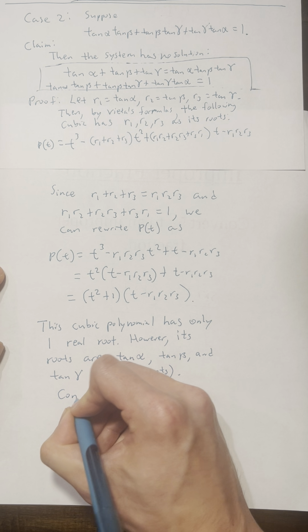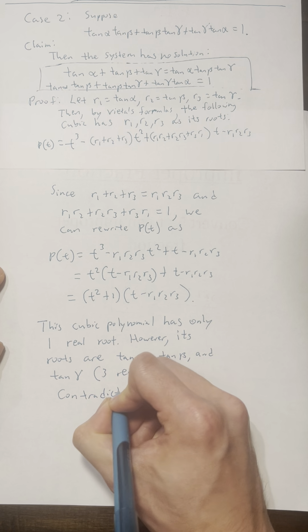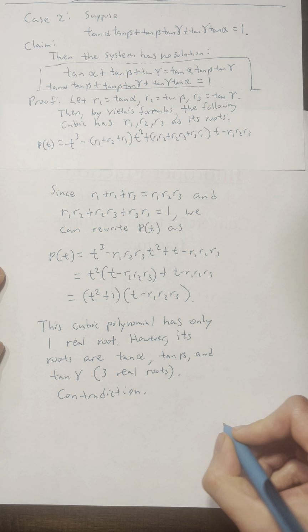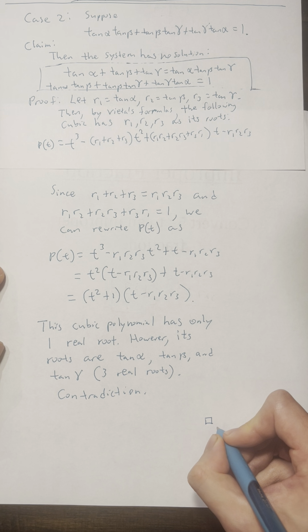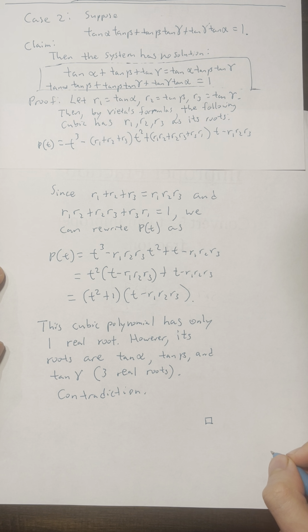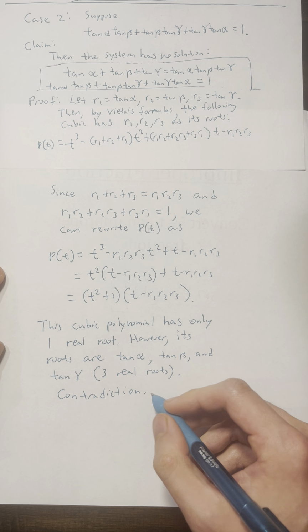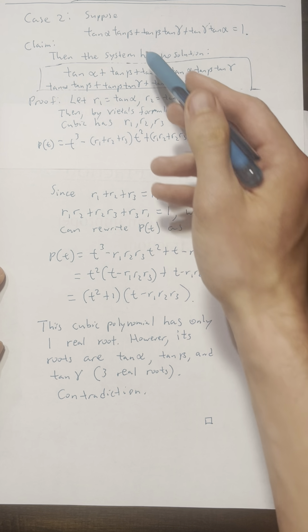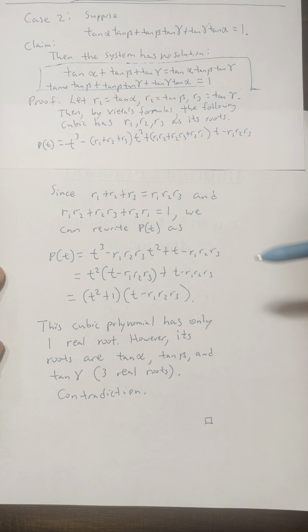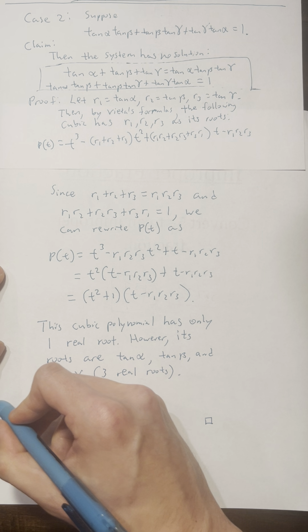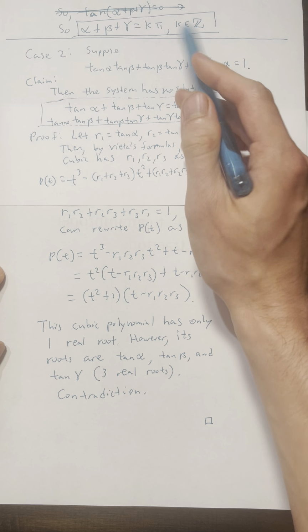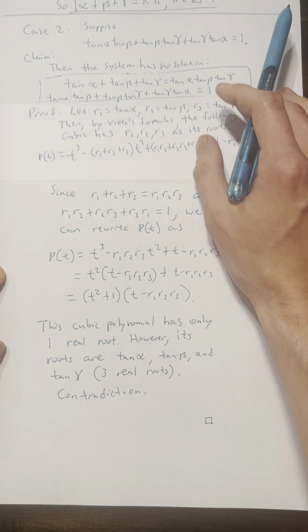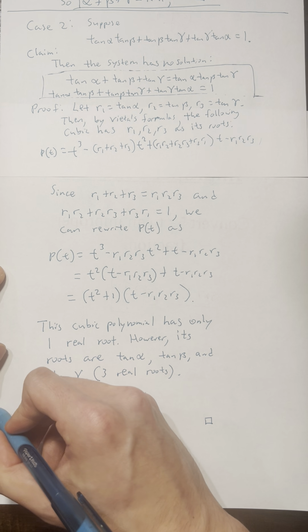Contradiction. I'll just put like, wait, should we put a white square or black square here? Let me know in the comments. Oh wait, so there are no solutions to this. Oh wait, we said that, we said the claim there, so, okay, so we'll draw a line here and say that they have to add up to some integer multiple of pi. Dang it, we celebrated too early.